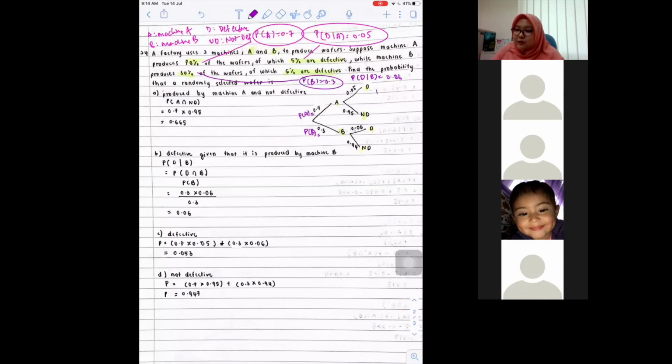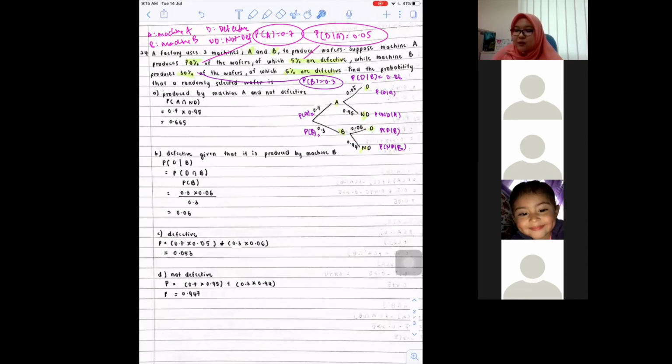This branch here is D given A, this branch is ND given A, then D given B and ND given B. I hope you're clear. Even though we only have 0.05, we can find the other value using complementary rules, 1 minus 0.05. Even though this is just given 0.06, you can take 1 minus it, so 0.94.